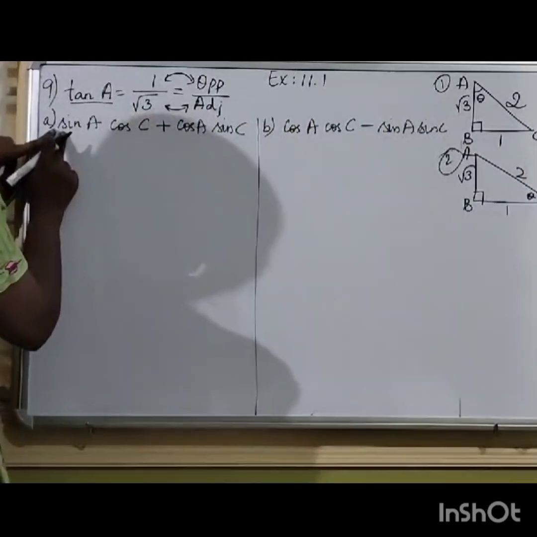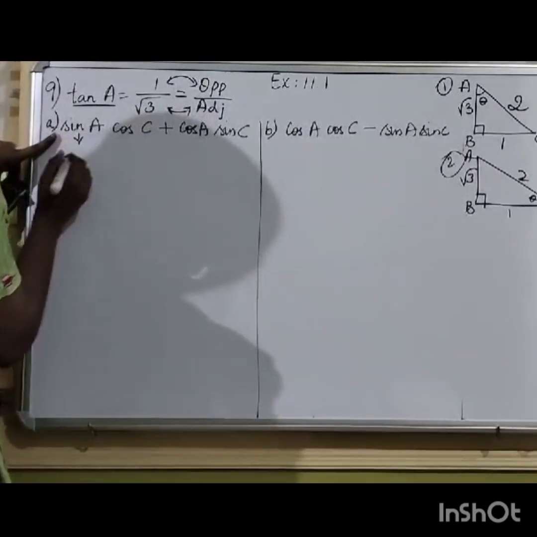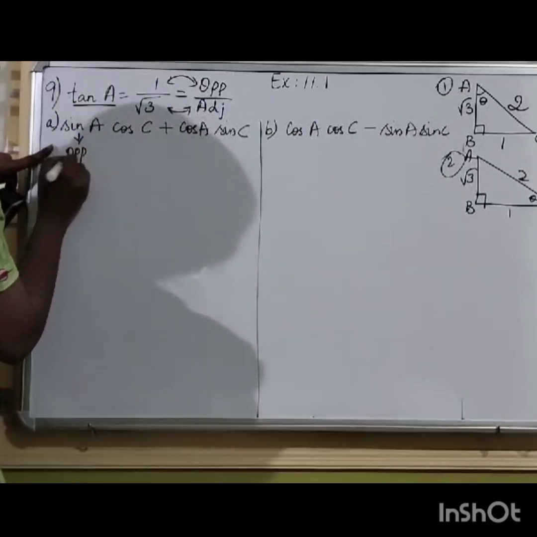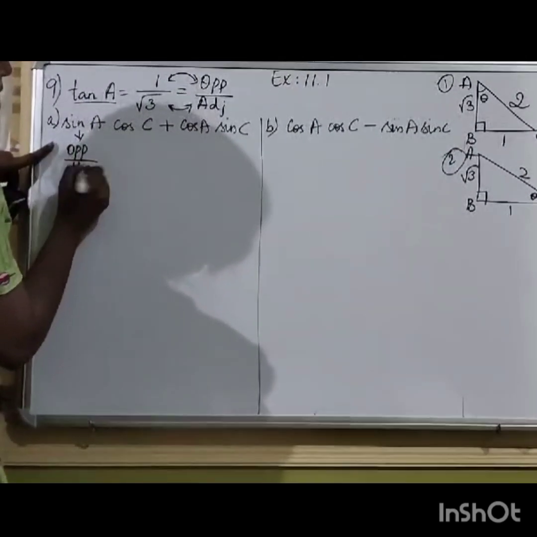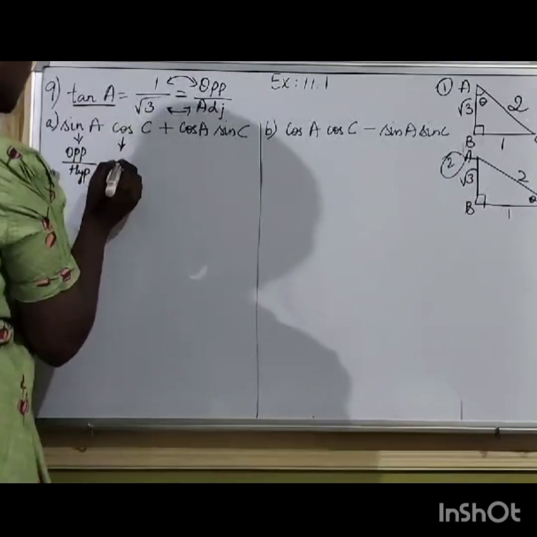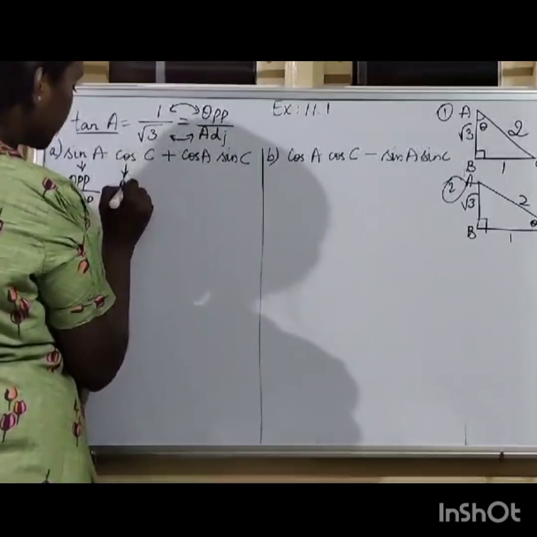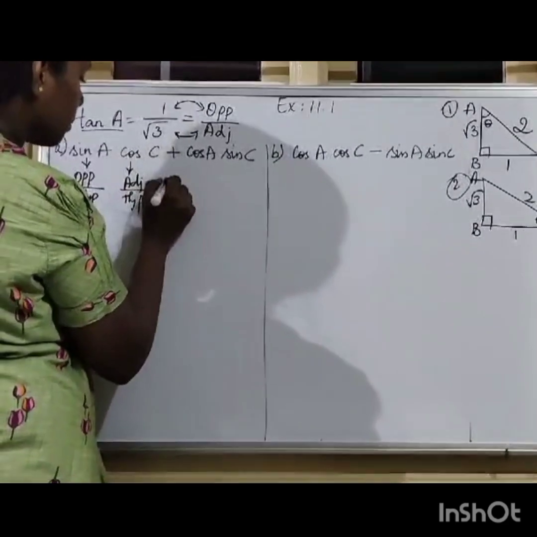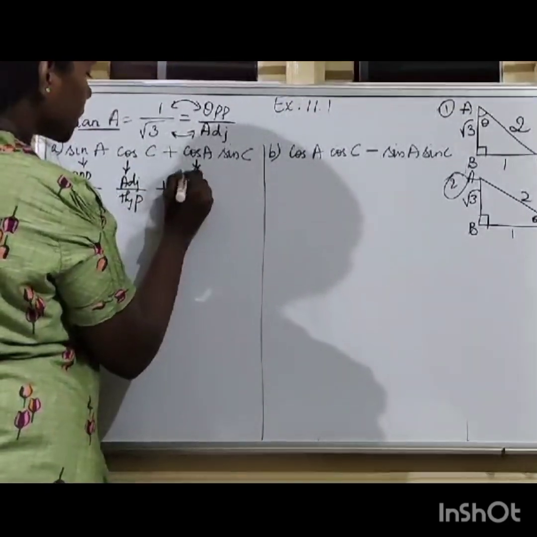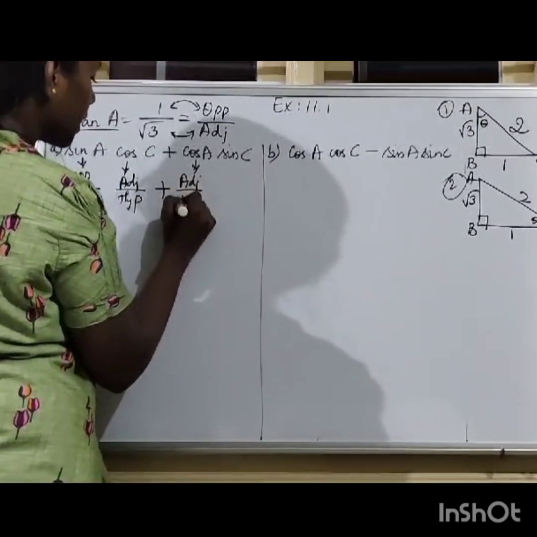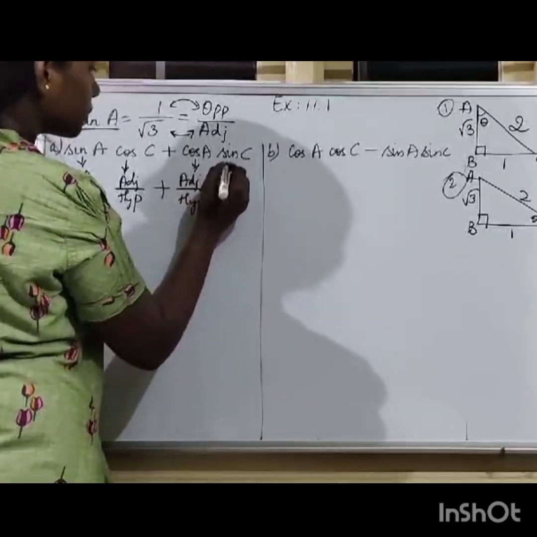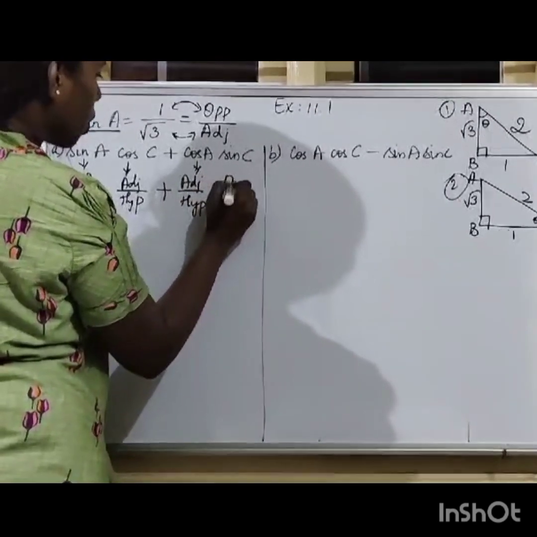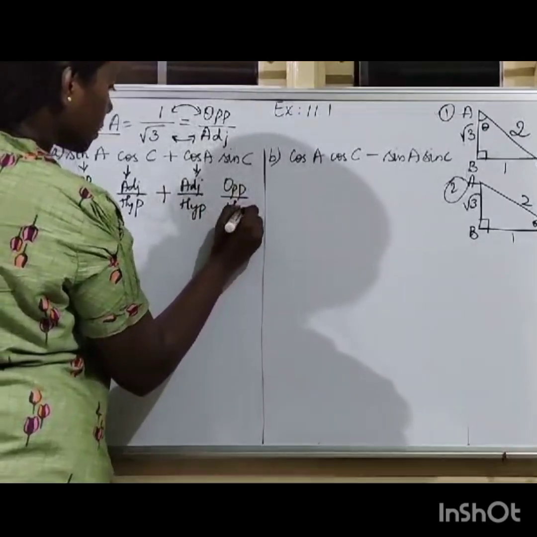Now, sin A is opposite by hypotenuse. Cos is adjacent by hypotenuse. Sin is opposite by hypotenuse.